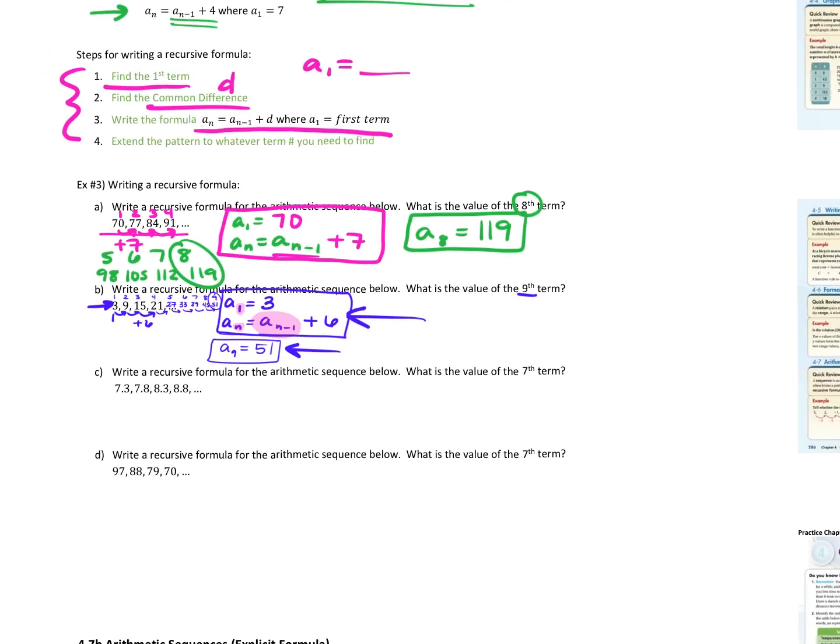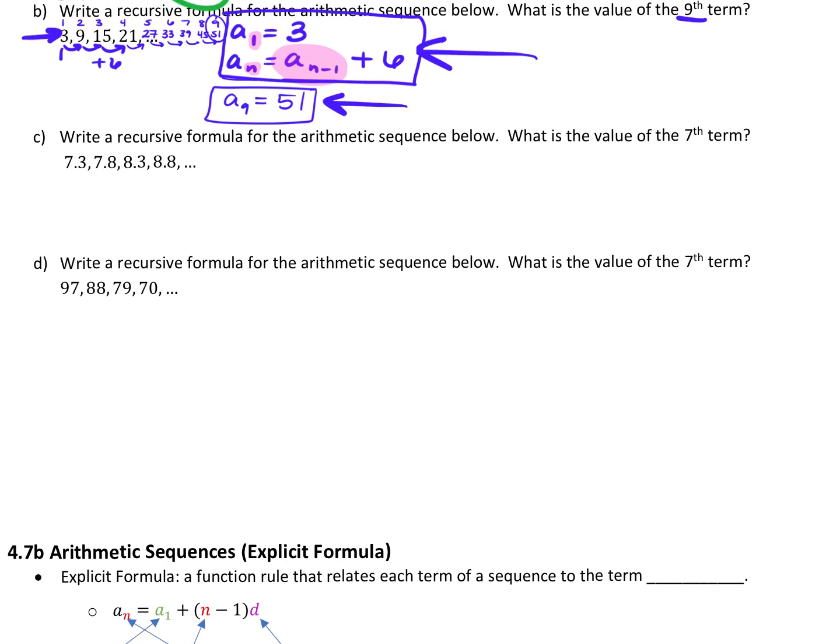Okay. This one, and then I'm going to have you do the last one on your own. Your setup should be a sub what? 7.3. What comes after the a for this very first thing? A sub 1 equals 7.3. So you have your first term.